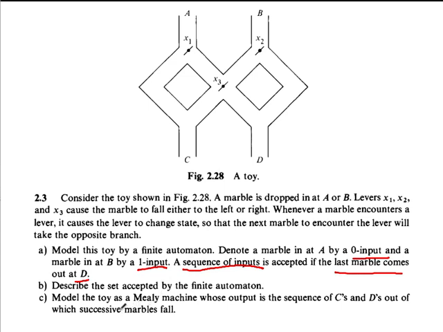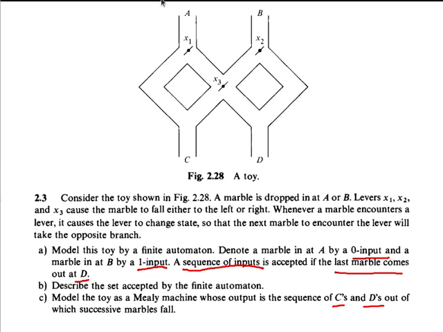And then it asks you to construct a Mealy machine. So now there is no question of just yes or no. So what does a Mealy machine do? If you remember, it outputs some output symbol after each input symbol, right? So the output symbol is the C or D, the opening through which the marble leaves.